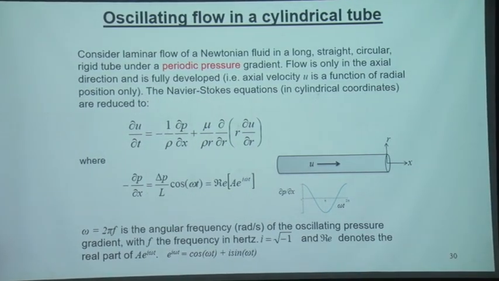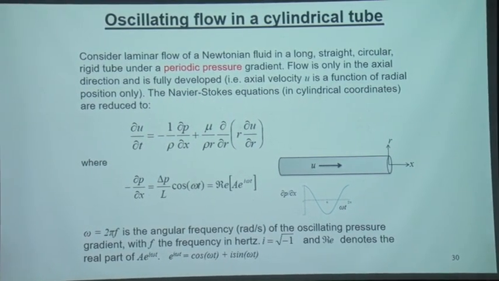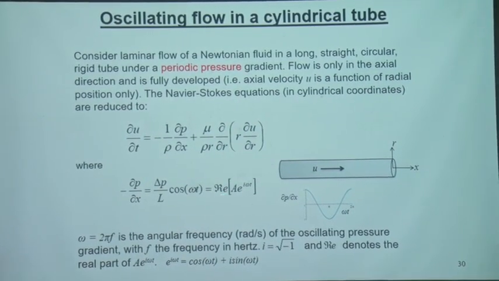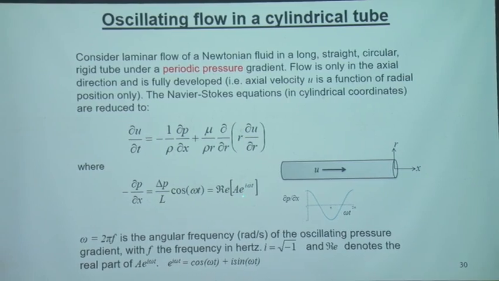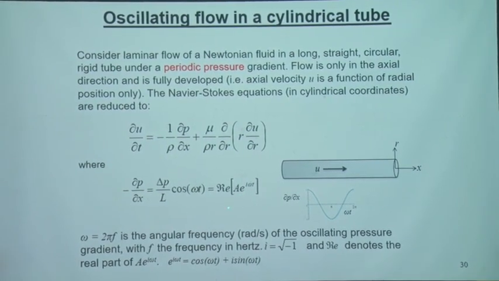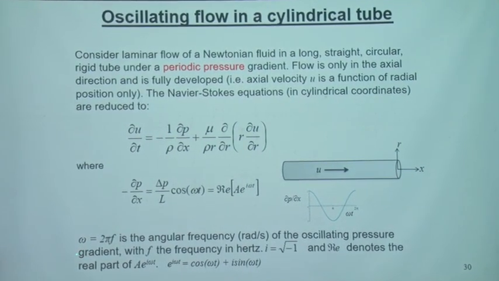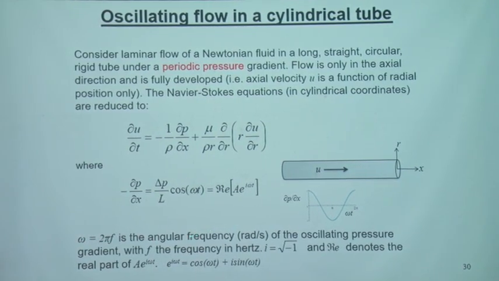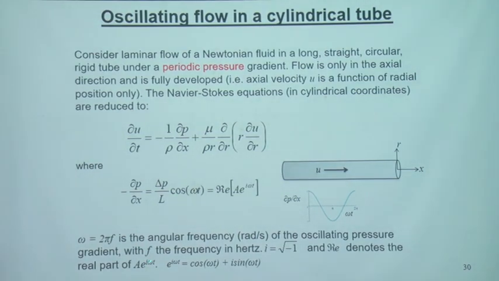And mathematically, it's convenient to describe these using complex numbers. We also need to make use of the angular frequency when we look at the change of the velocity profiles as a function of time.